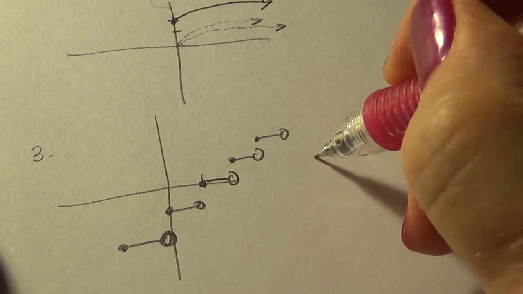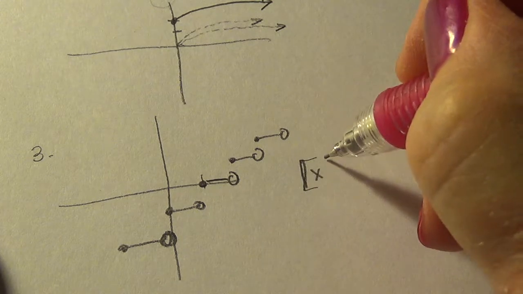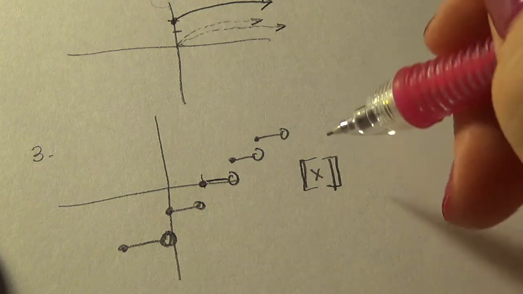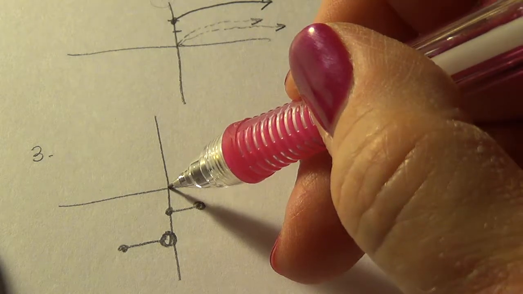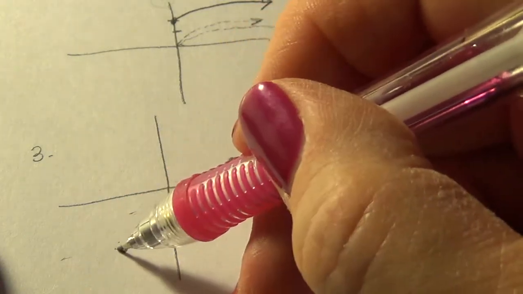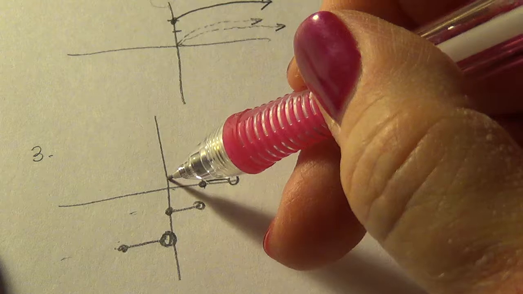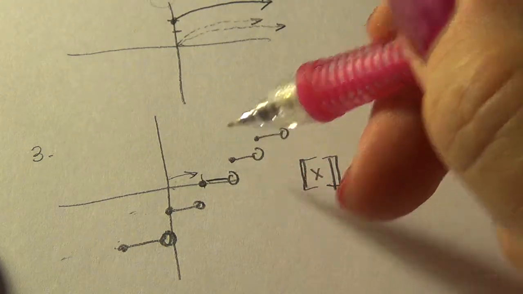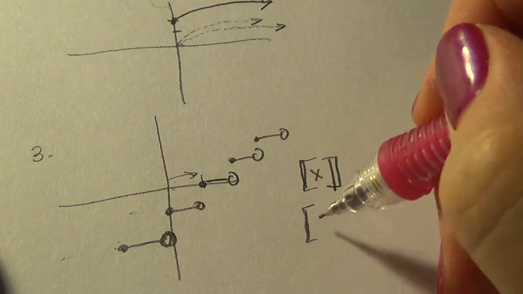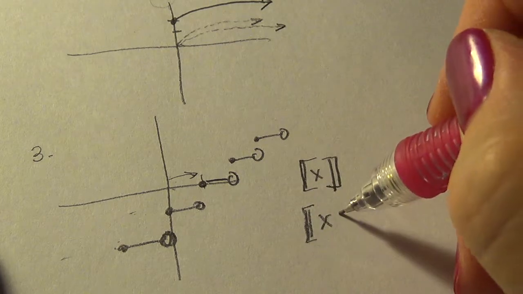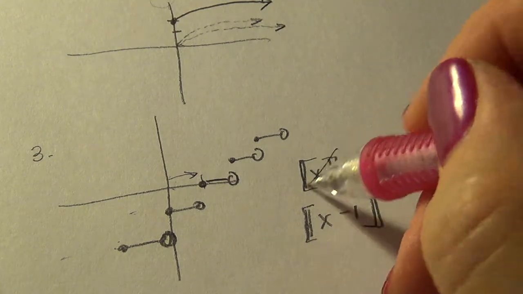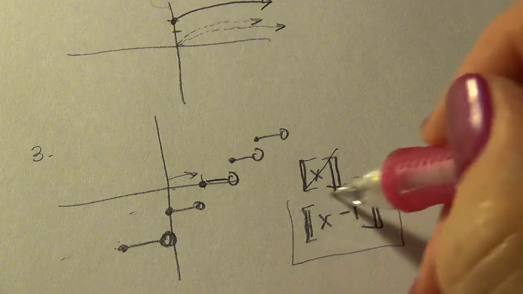So you recognize the parent, I think, is the greatest integer function, and I've noticed that we have to make a change to it because normally it started here, and this started here, and this started here. So this has all been moved over to the right one. So that causes, inside of our step function, a -1. Alright, so that is the name of this function that is pictured.